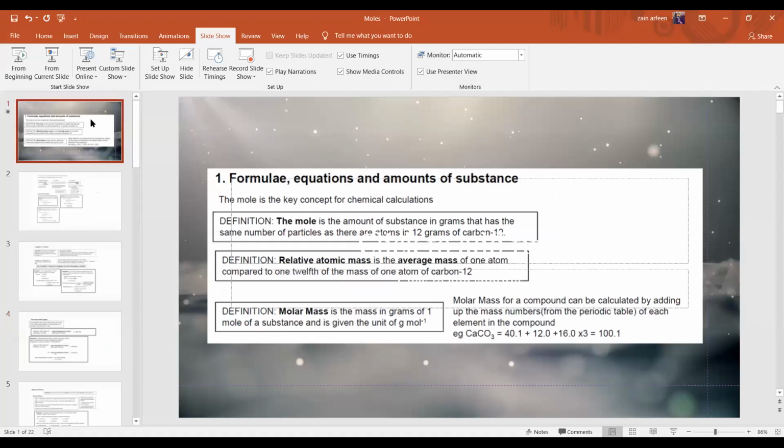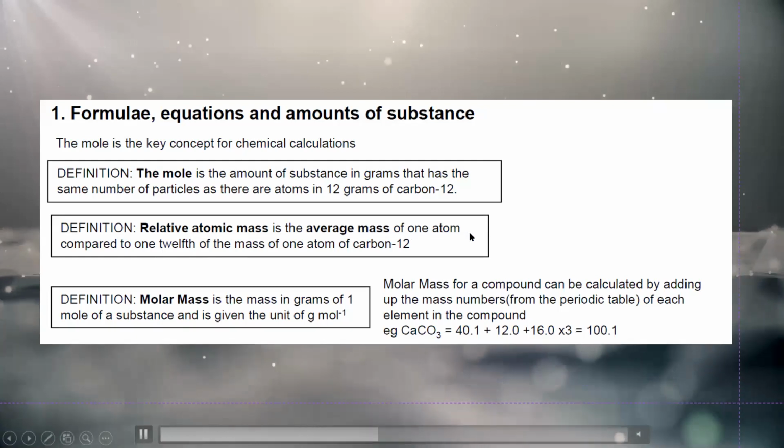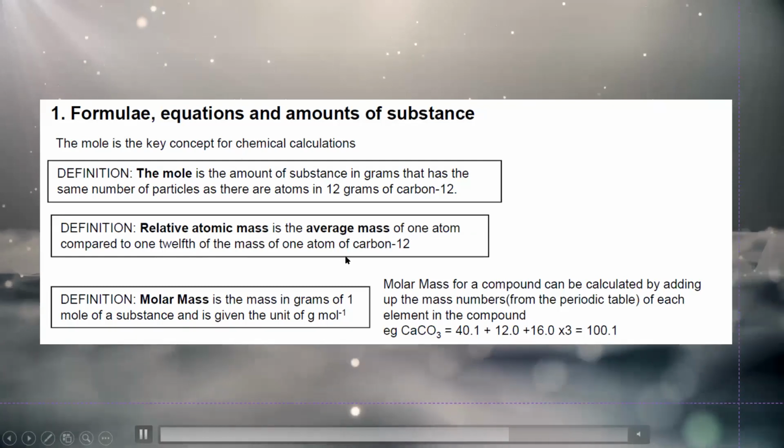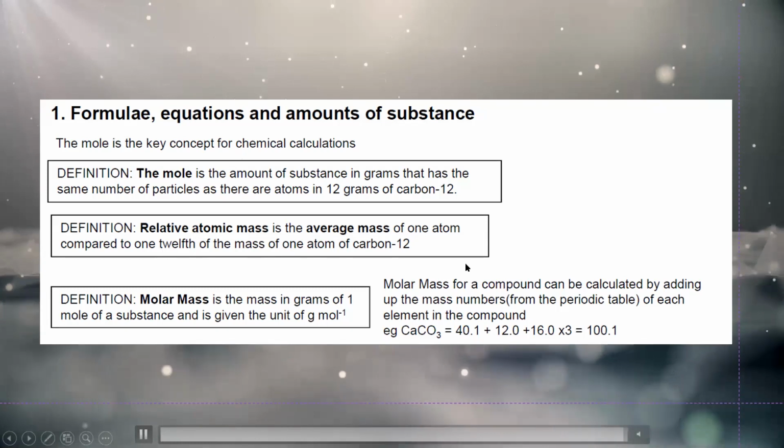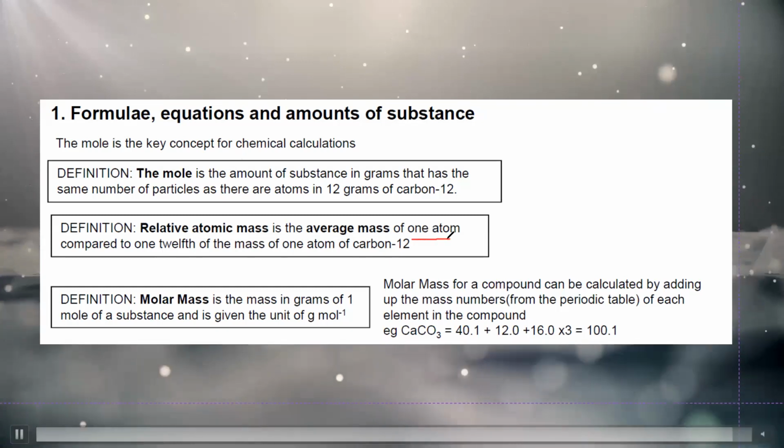If you check the first part, relative atomic mass is the average mass of one atom compared with the 12th part of the mass of one atom of carbon 12. Here, when one atom is there, then it is the mass of one atom of carbon 12.